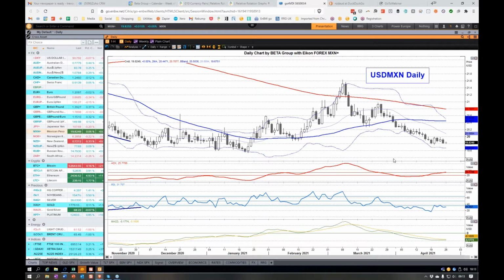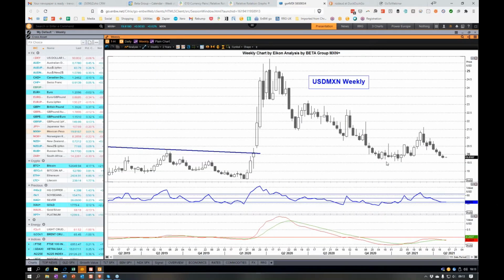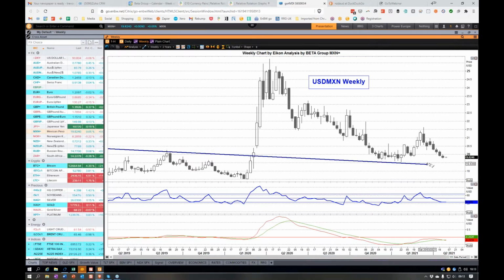Good observation, good to draw our attention to this one. This could be really great. I think it's a bit premature. It's not premature in the sense that it's already moved a lot, but it's premature to announce that this weekly break has started. It's of course a big support level, and it could hold it and could stop it very easily, particularly if we extend this line here onwards.